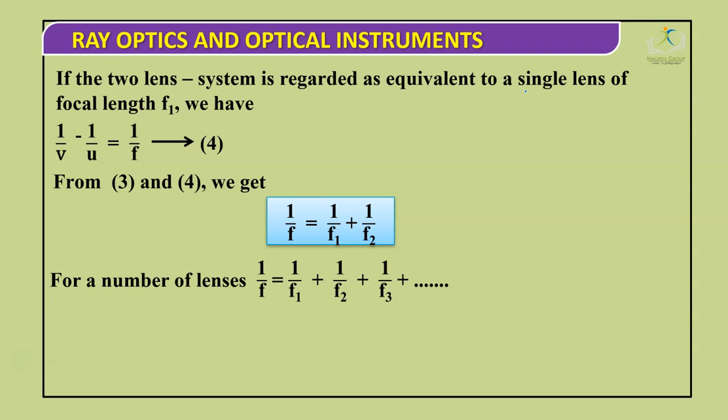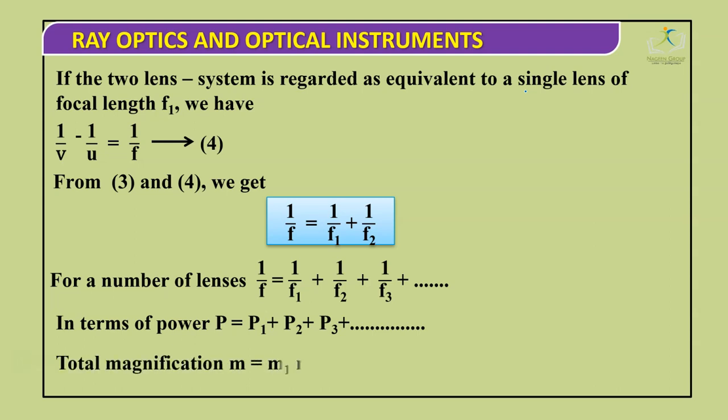Students, I hope you are understanding how we get this formula. Now, in terms of power, P is equal to P1 plus P2 plus P3 up to Pn, however many lenses there are. And the total magnification M is equal to M1 plus M2 plus M3.